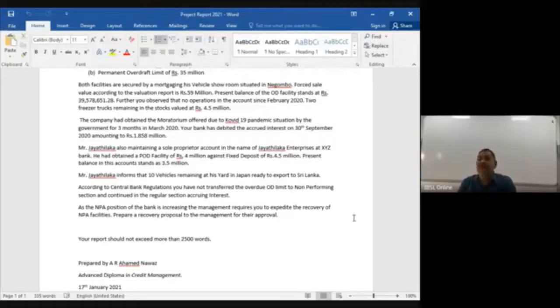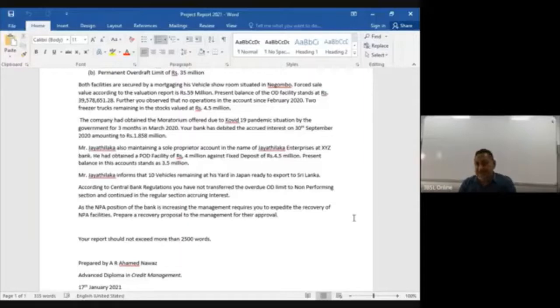From time to time, they are changing certain LTV, loan to value rates. And then there are certain other activities regarding impairment regulations.